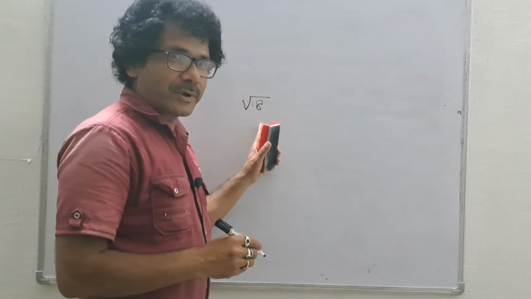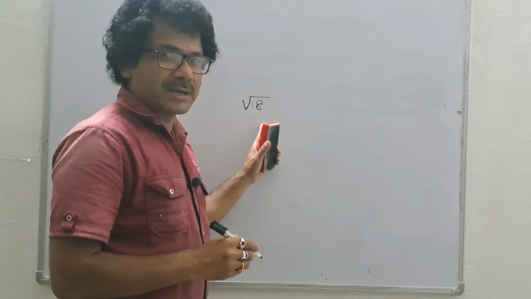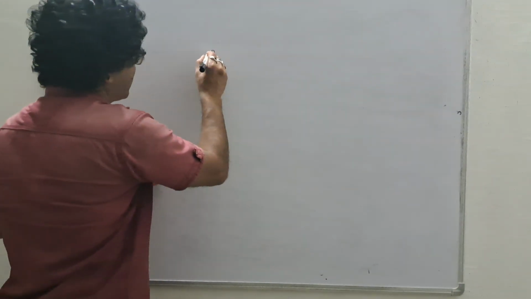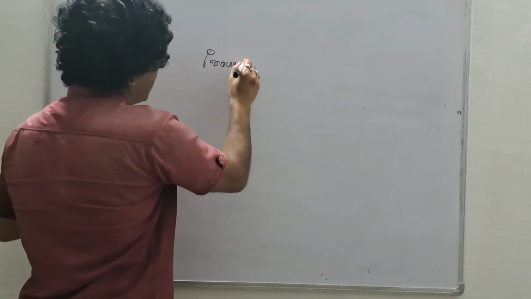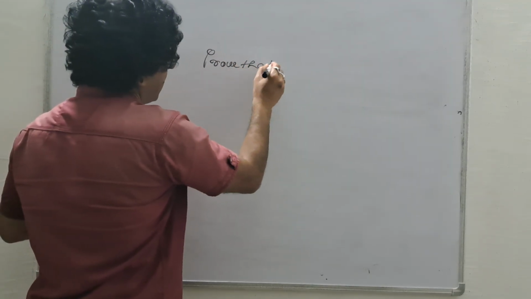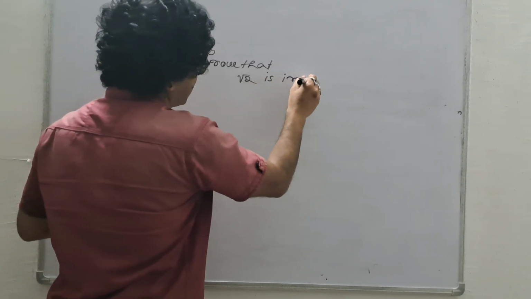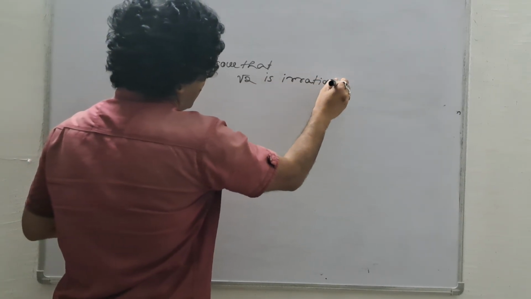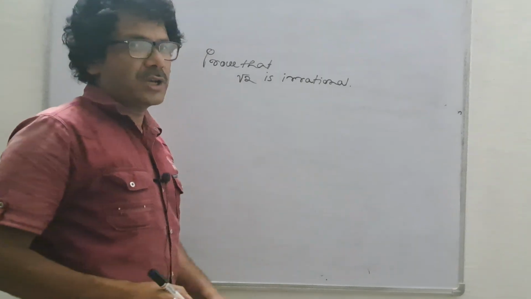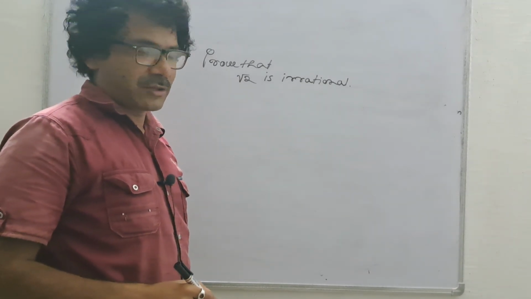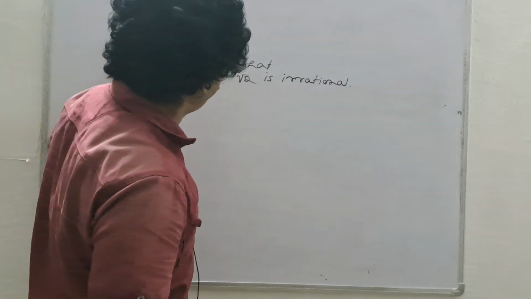Okay. Now we'll prove that root 2 is irrational. To prove this, we will use the contradiction method. Okay.